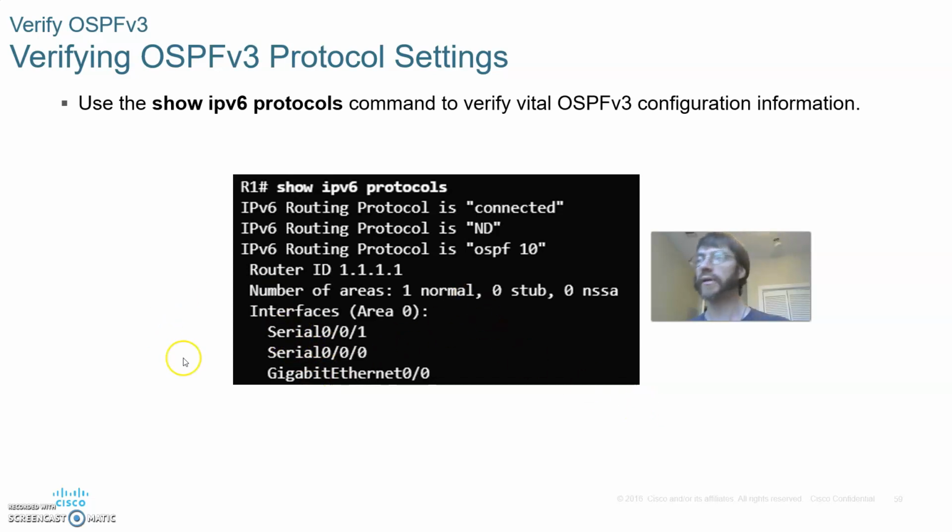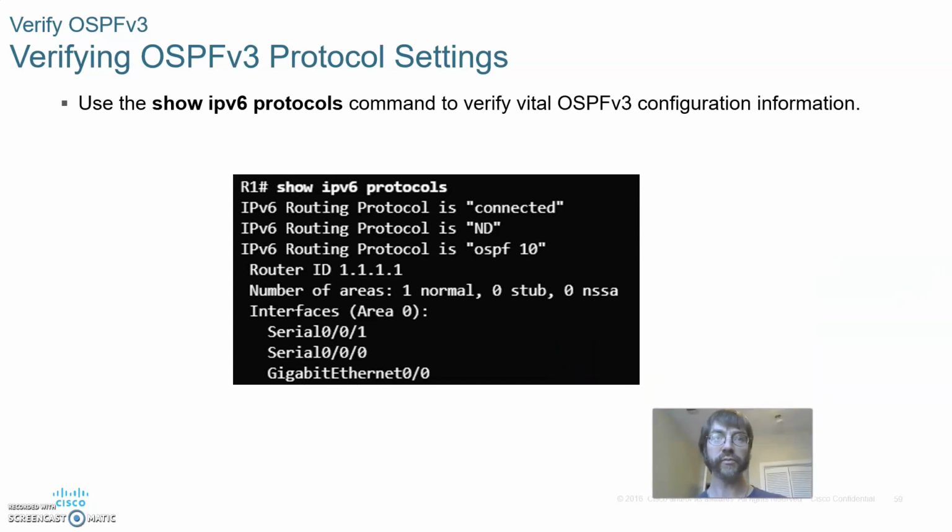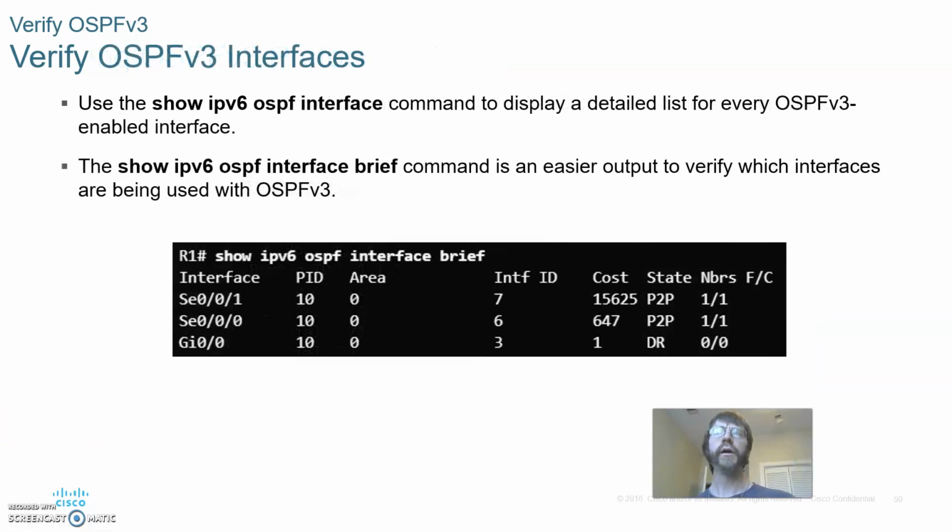Okay, and then let's talk about verifying the interfaces. We actually looked at this command a minute ago, but we'll talk about it some more. Okay, you can use the show IPv6 OSPF interface command to get a detailed readout of a specific interface.